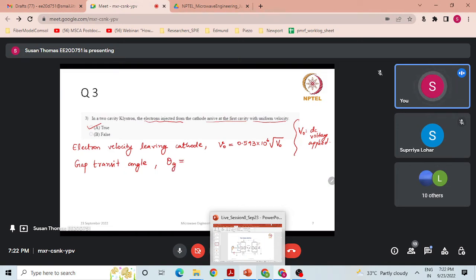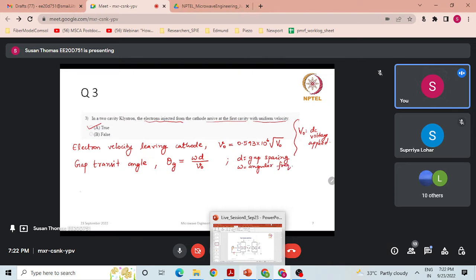The gap transit angle theta g can be calculated as omega d divided by small v naught, where omega is the angular frequency, d is the gap spacing, and v naught is the electron velocity leaving the cathode.